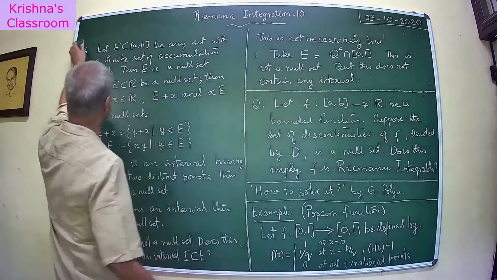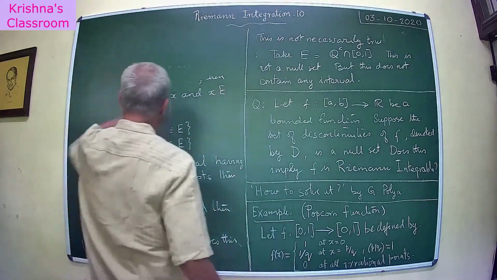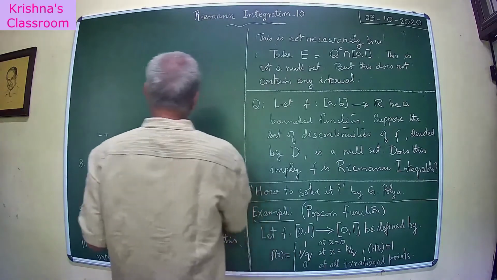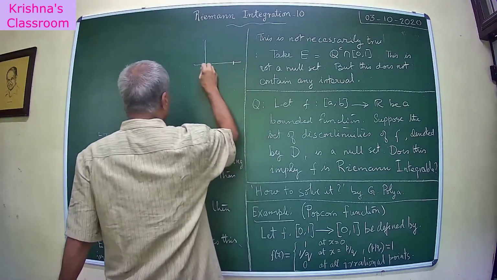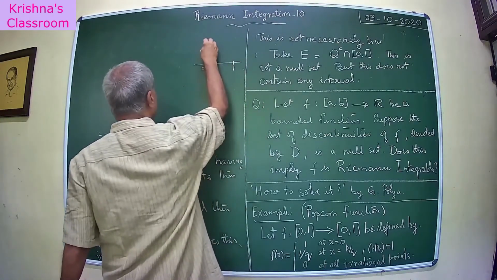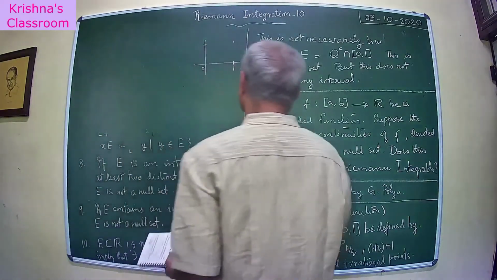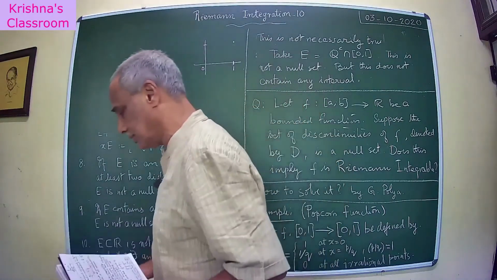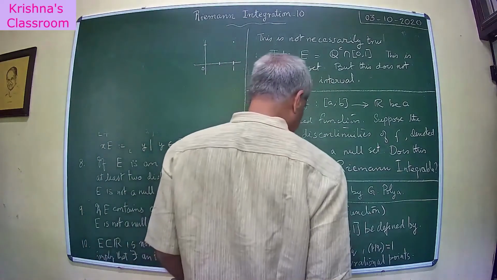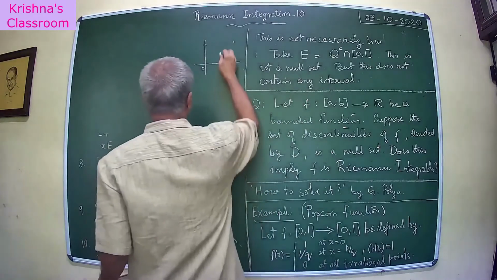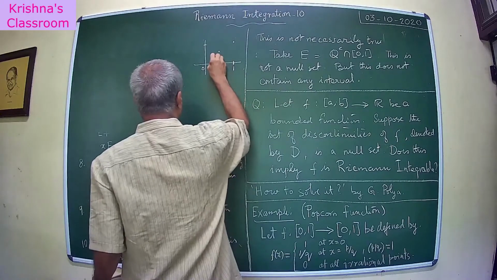So let us just quickly digress. It's not possible to draw the graph of the function, but at 0 and 1 it takes the value 1. It is bounded by 1, and it's a non-negative function. At a half it is 1 by 2. At 1/4 it is 1 by 4.